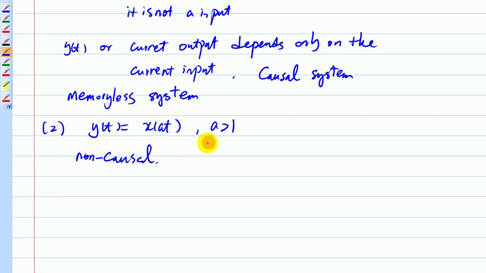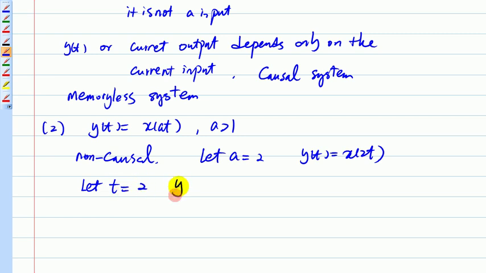If you're not too sure, let a equal 2. Then y of t equals x of 2t. At t equal to 2, you get y of 2 equal to x of 4. So the current output depends on the future input. So this is a non-causal system.